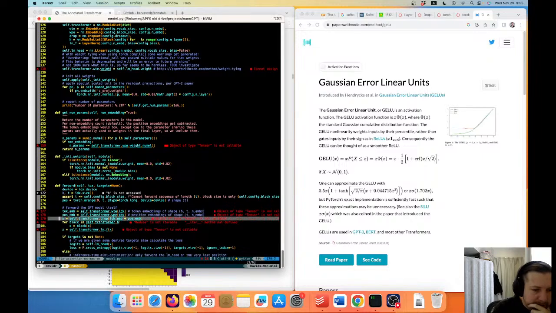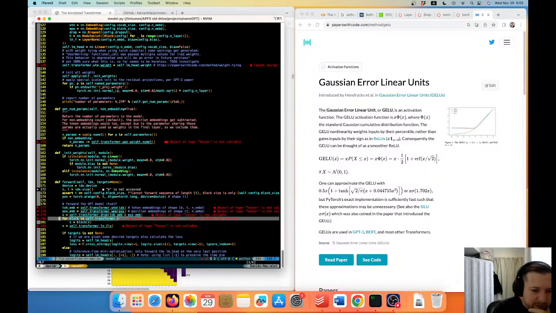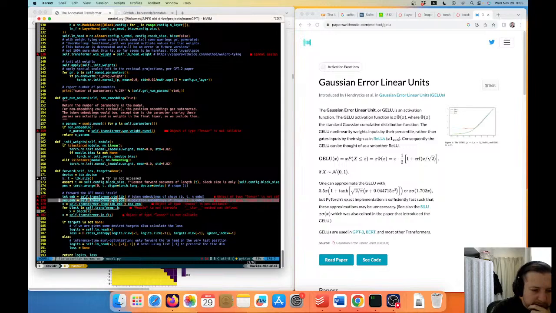Yeah, this bit is basically what will correspond to what we're doing now. So token embeddings for the encoder, adding positional embeddings, and then going through the transformer blocks, which are just part of the diagram.